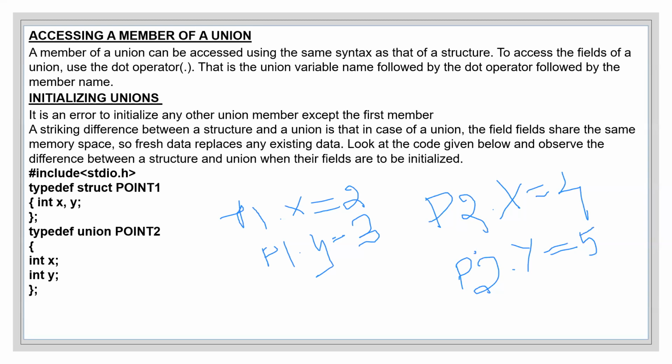Here the second assignment overrides the value of P2 dot x. So 4 is stored there, but it will be replaced by the new value, 5. So the value of P2 dot x and P2 dot y will be 5 only.